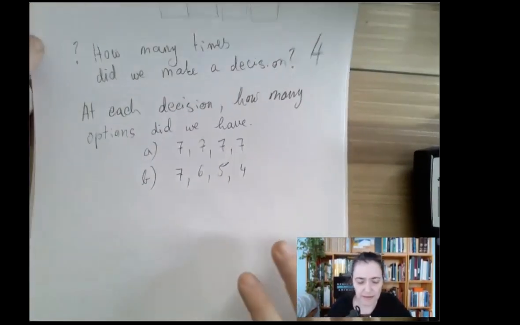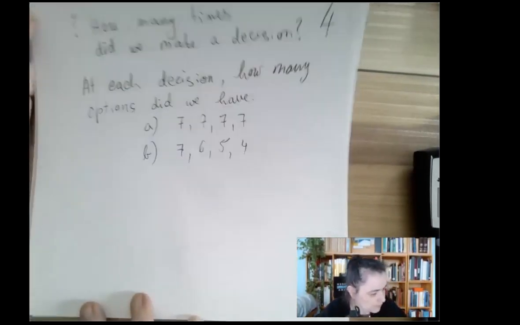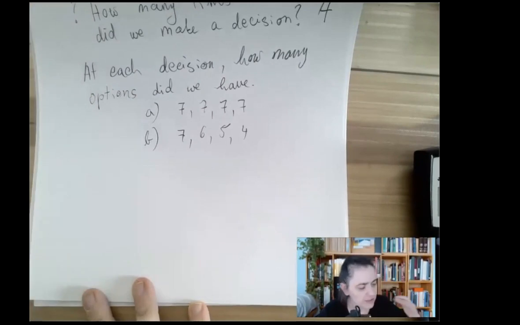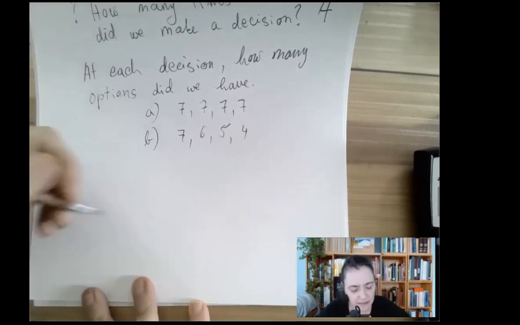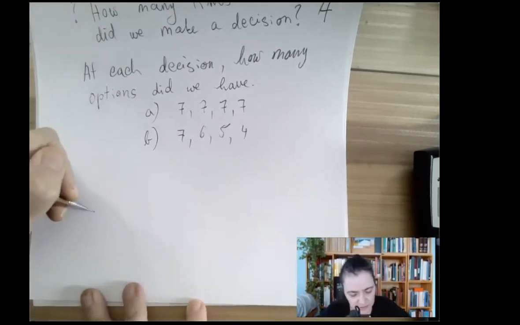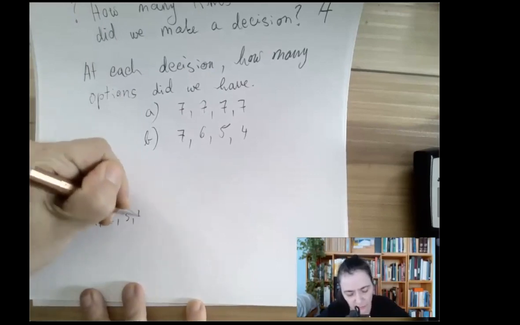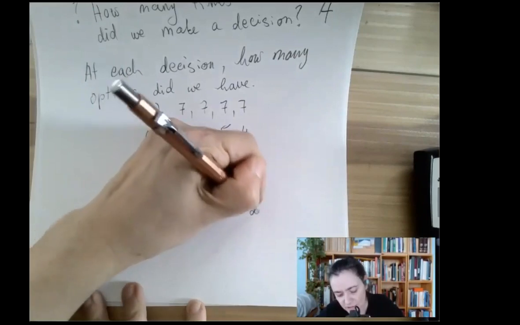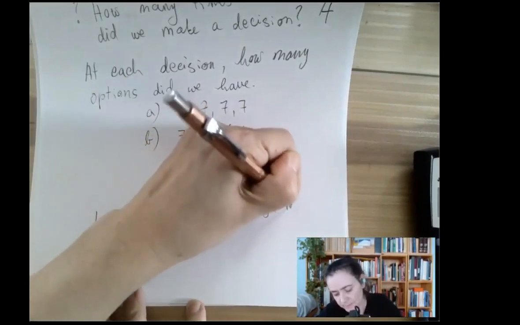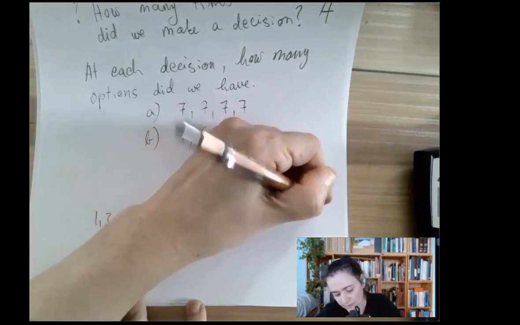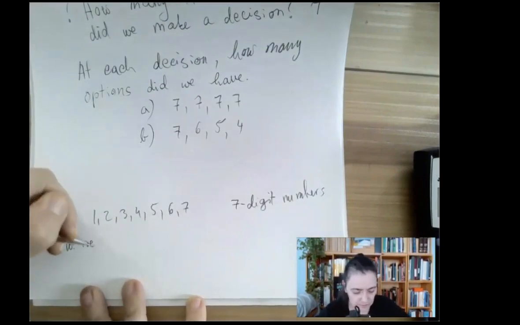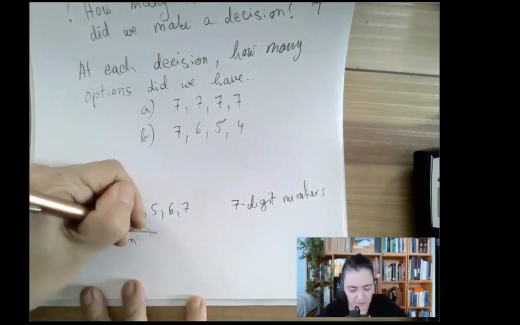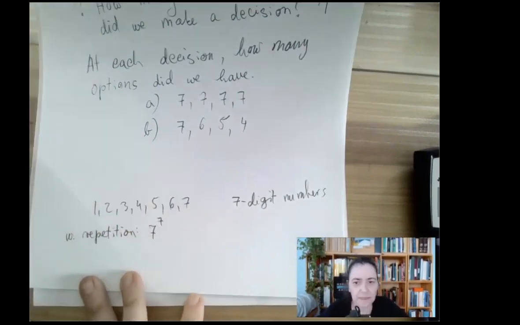Okay. Now, we could roll up to 5 digits, 6 digits, 7 digits, but when we roll up to 7 digits, we have 1, 2, 3, 4, 5, 6, 7, and we want to make 7-digit numbers. With repetition, it's going to be 7 to the 7th power.